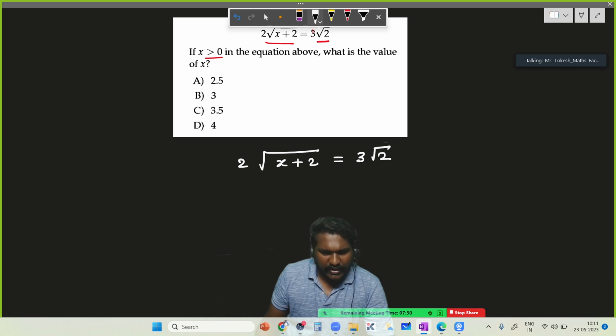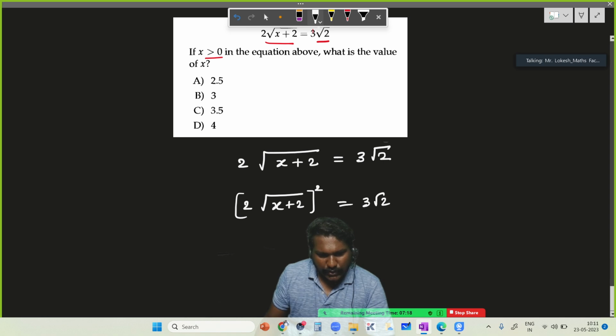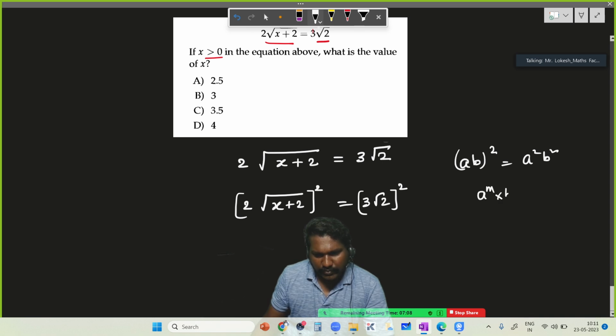So to find the value of x, we'll just square it on both sides. So then that will become 2 times root of x plus 2 whole square is equal to 3 root 2 whole square. And if it is of the form ab whole square, then that will become a square into b square. We know that, right? A power m into b power m is equal to ab whole power m.